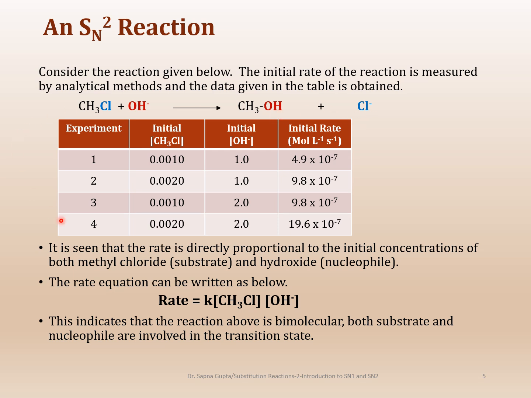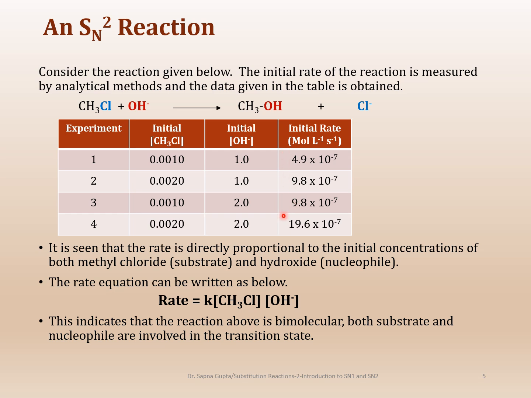So what do we do? We go into the lab, we do the experimentation, and we try to keep one of the reactants, which is the substrate, constant. Here the substrate is constant in experiments 1 and 3, and you can now change the concentration of hydroxide, which is the nucleophile, and see if the reaction rate is affected. You can see that it doubles.